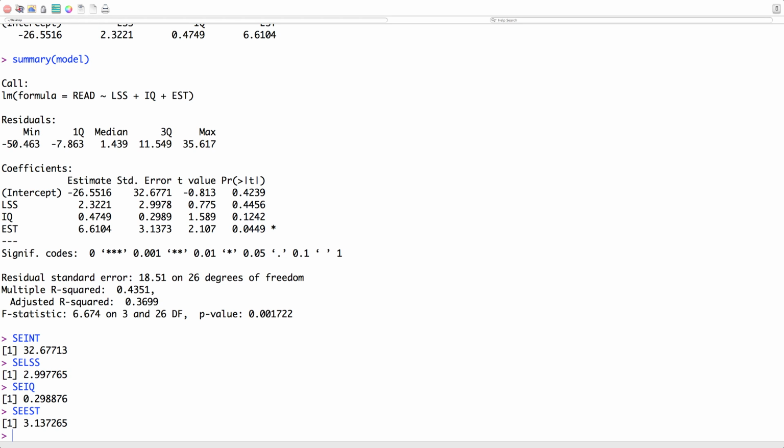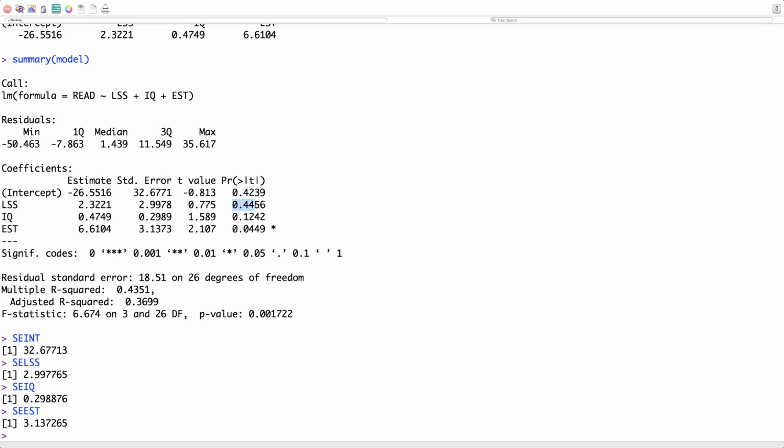Now, if you want to get fancy and look at an ANOVA table, what I want you to concentrate on is right here. When we did our F statistic analysis, we rejected the null, which said at least one beta is statistically significant, not equal to 0.